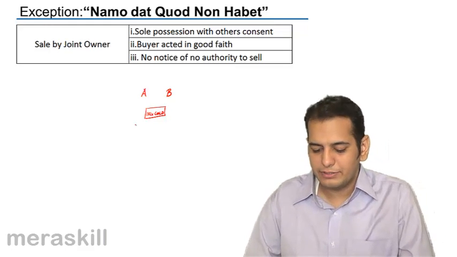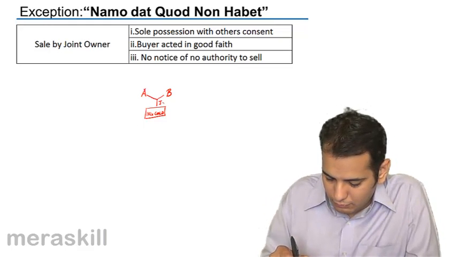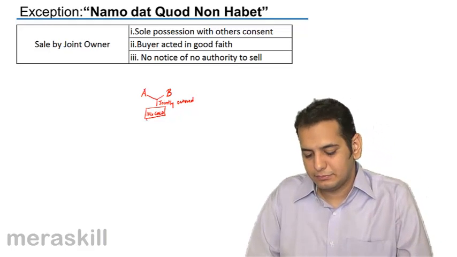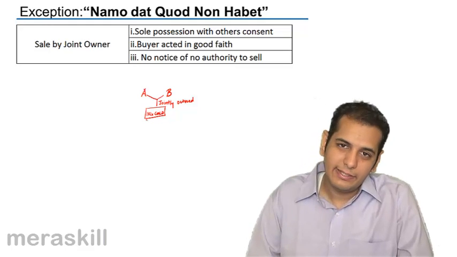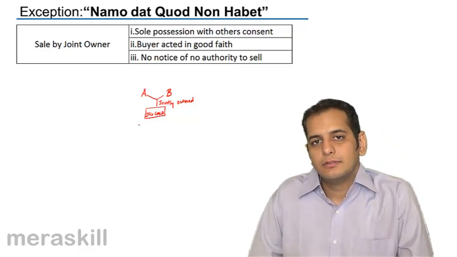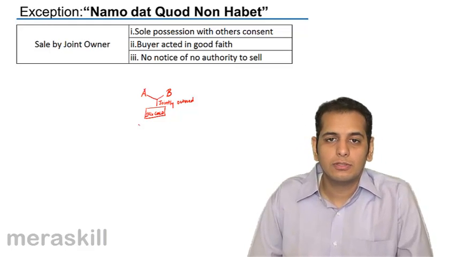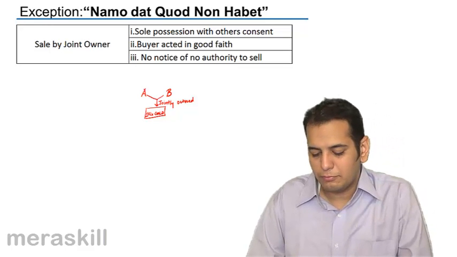This is a 1 kg gold bar which is jointly owned by A and B. That means A and B both jointly own this gold bar.